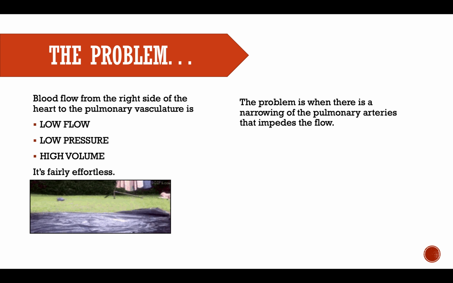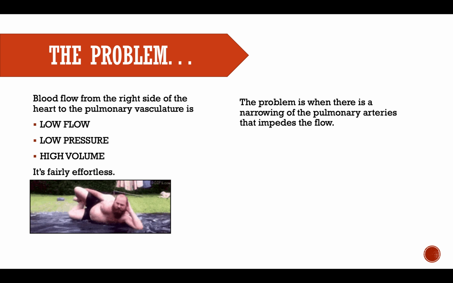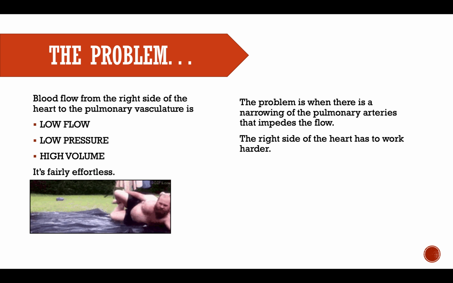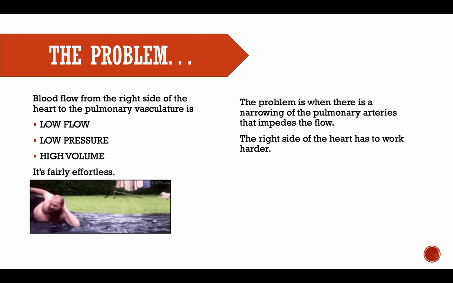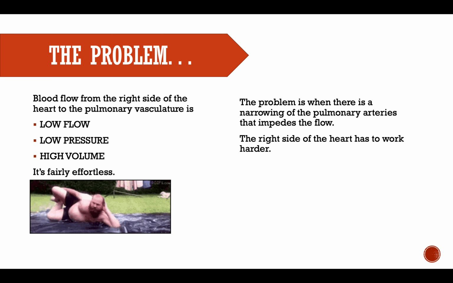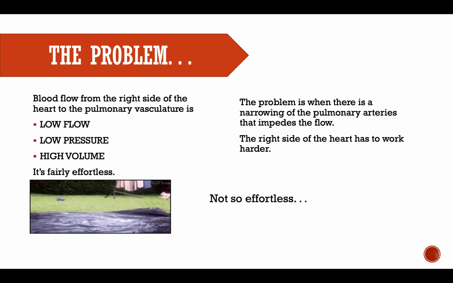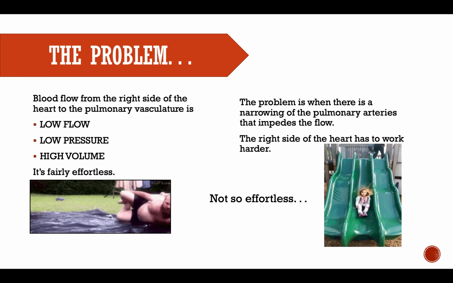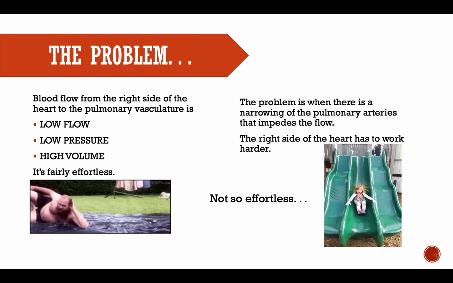But the problem occurs when there's a narrowing of those pulmonary arteries, and that impedes the blood flow. The right side of the heart has to work so much harder in order to get the same amount of blood into the lungs and to the rest of the body, and back to the heart and to the rest of the body. That is not so effortless. As we will see, it gets stuck, kind of.